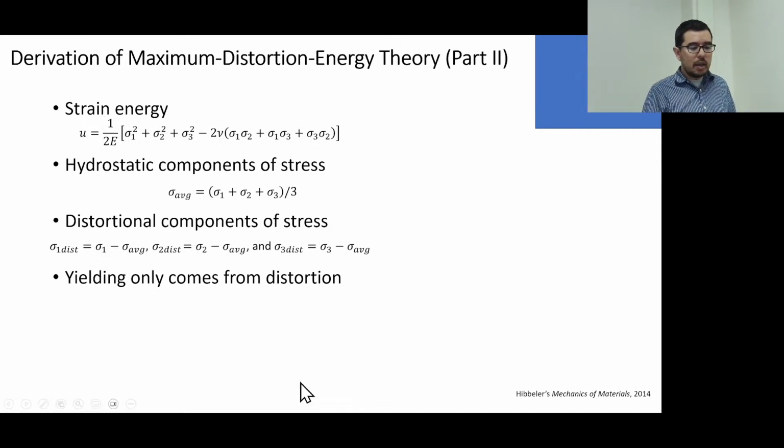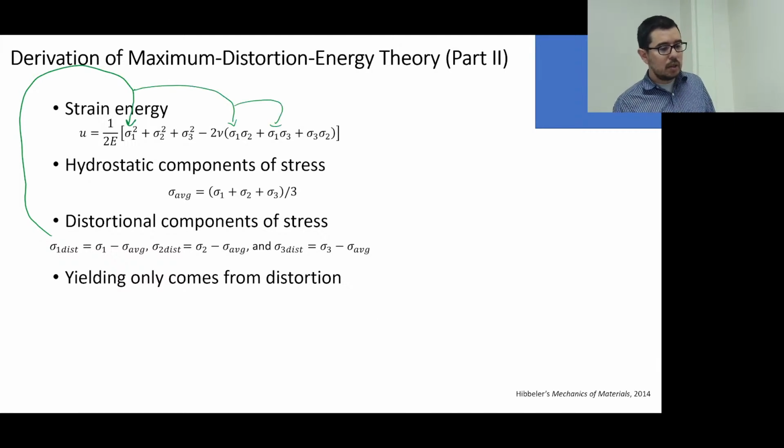Okay? And now we say the yielding is only going to come from distortion. Yielding, that's the definition of failure. Yielding would be when we cross these thresholds of yield strength.